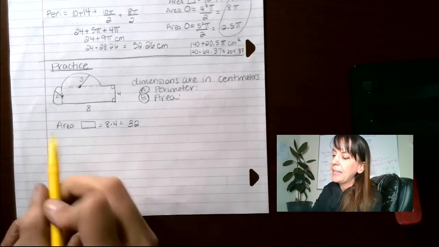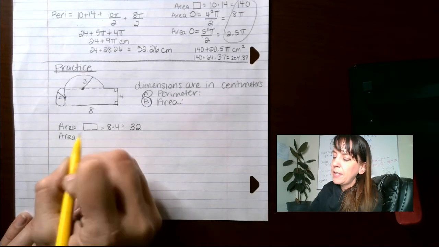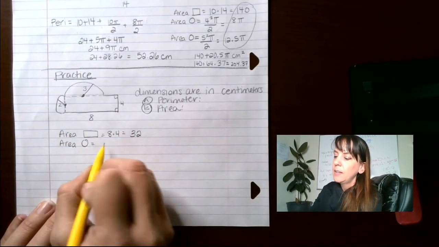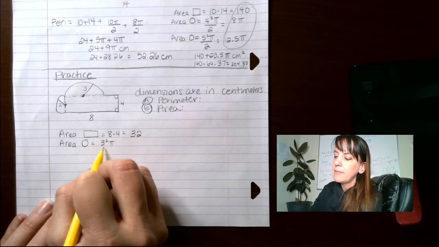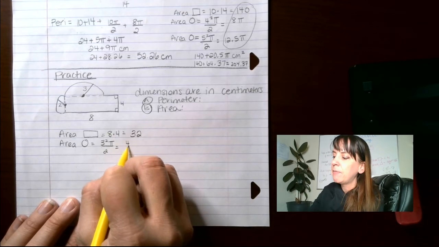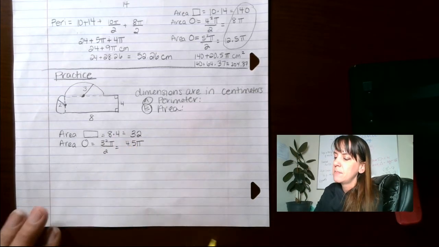Okay, and then the area of the first circle, we'll do this one right here. We know that it's going to be 3 squared pi divided by 2. 3 squared would be 9. Cut that in half, we get 4.5 pi.